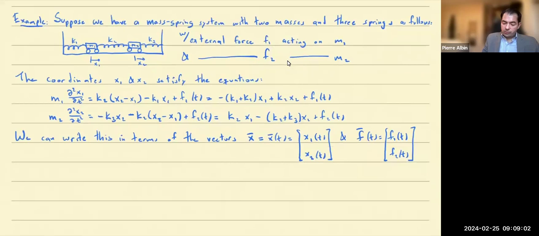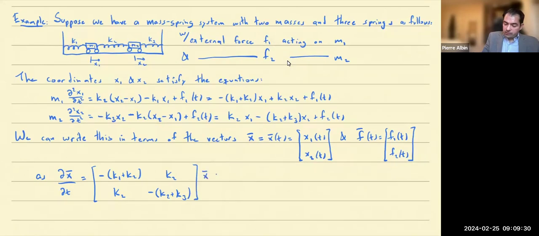Okay. So in terms of these vectors, we have dx bar with respect to t is equal to the matrix minus k1 plus k2, then k2, and then k2, and then minus k2 plus k3, times the vector x plus the vector f.